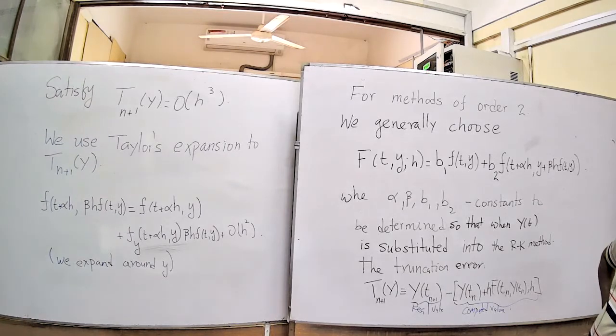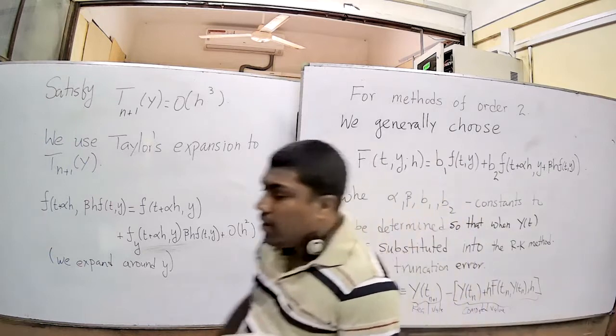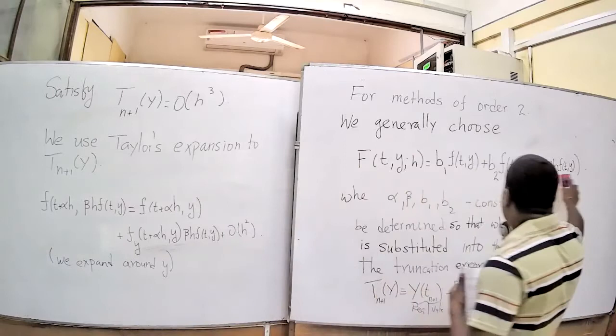So you can approximate after h squared; the rest is order of h squared. That is the first expansion. Now we are going to do the other expansion.